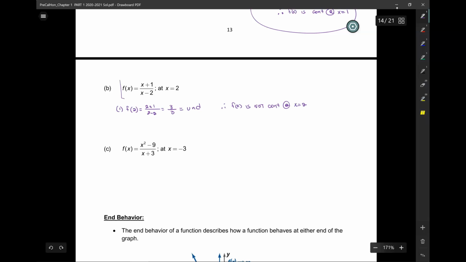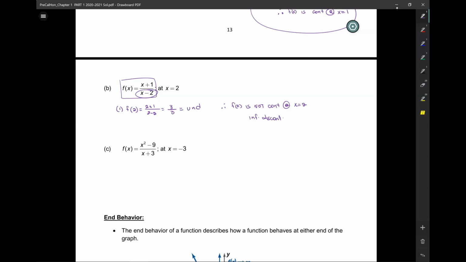Let's inspect this function. This is a rational function. At x equals 2, the denominator is 0. Can you cancel that term in the denominator with anything from the top? No, that thing is there to stay. So this is an infinite discontinuity.